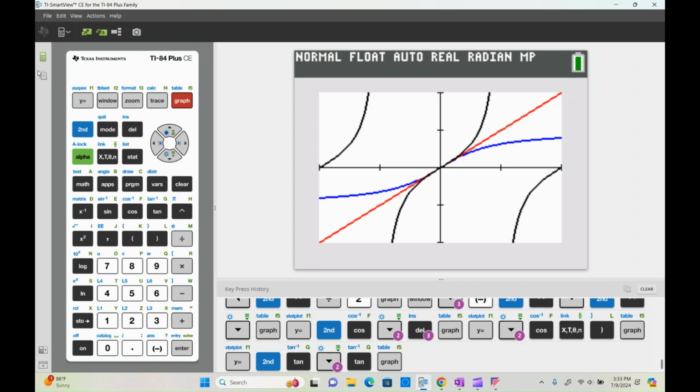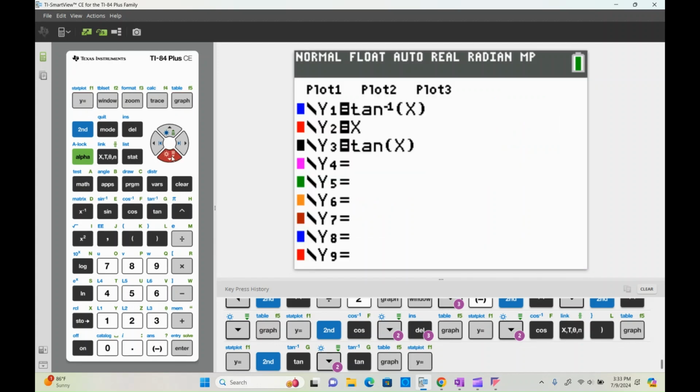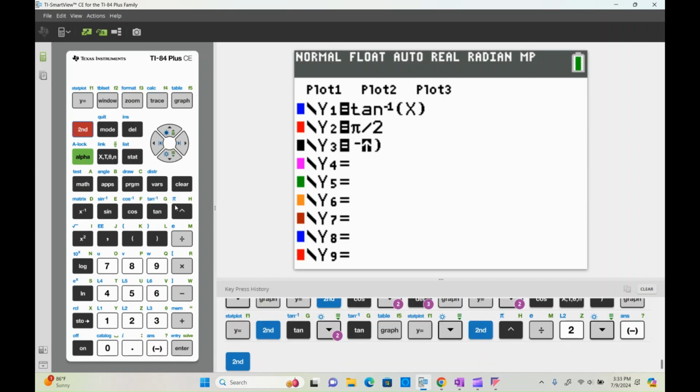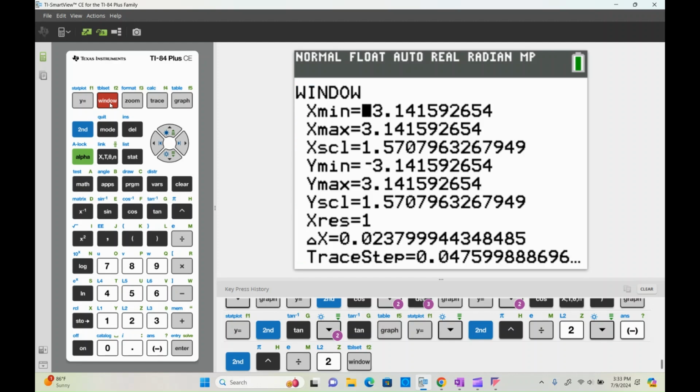And if you want to see that it really does have those asymptotes we were talking about in the blue, we could get rid of some of this, and I could make this pi over 2. I'm just putting in a horizontal line where I know the asymptote is, and I'll put in another one where the other asymptote is. Then in the window, let's make this minus 30 to 30.